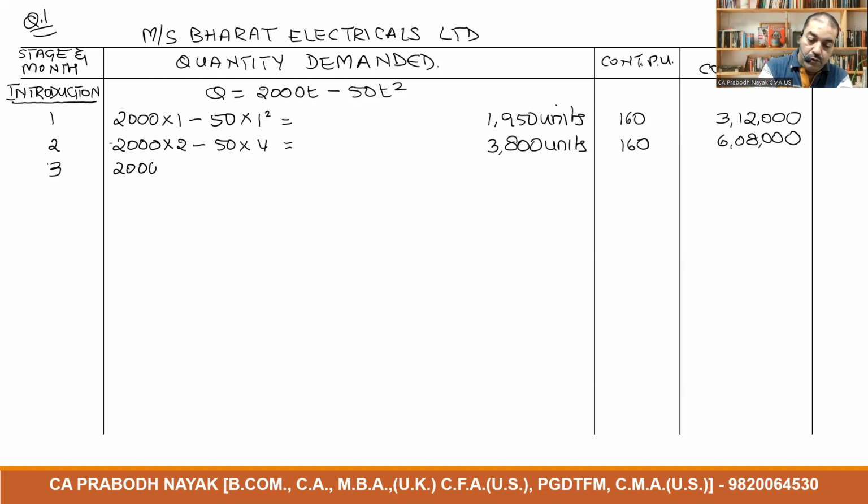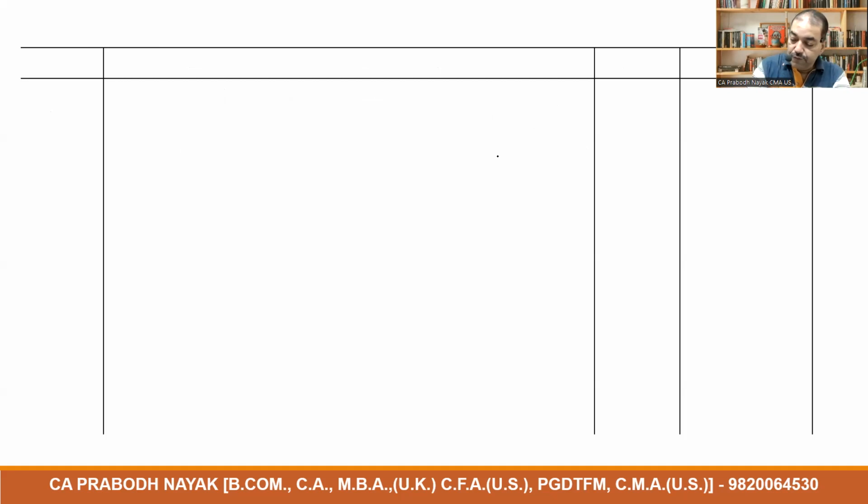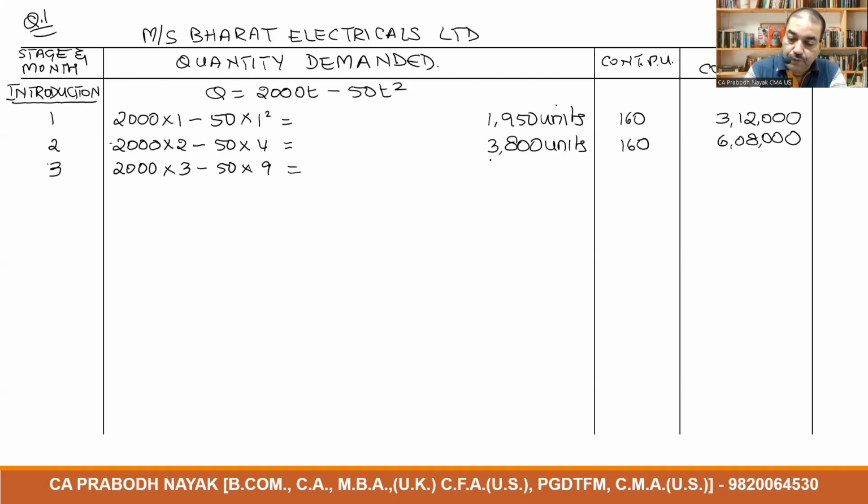Then continue. 2000 into 3 minus 50 into 3 square. 5,550 units. Contribution per unit is 160.